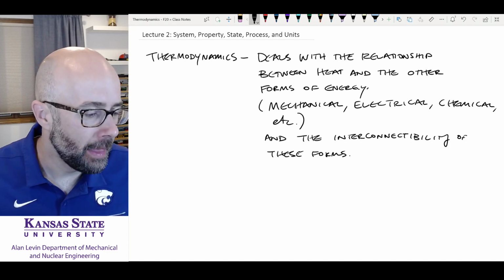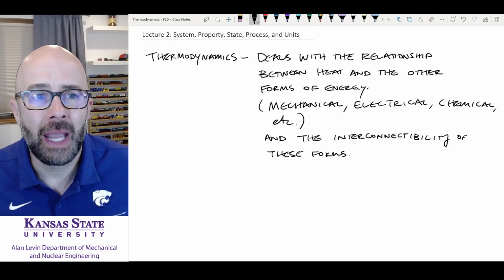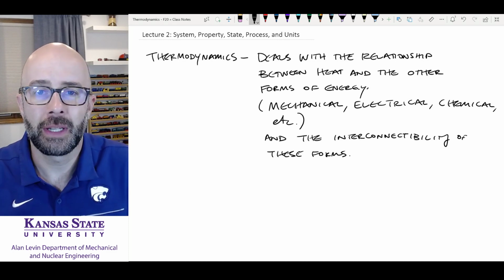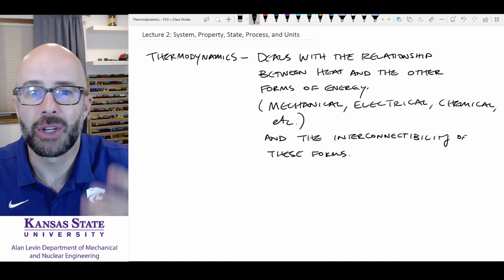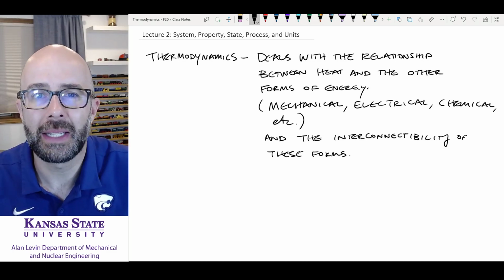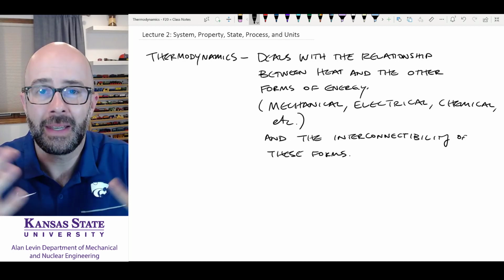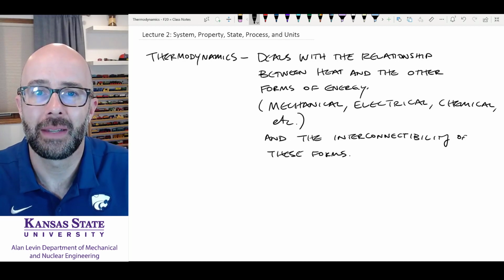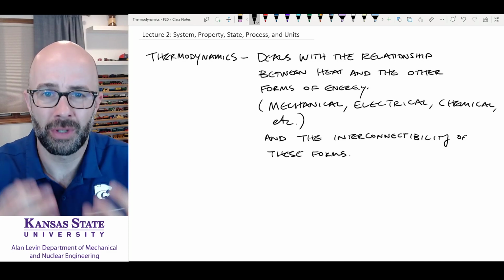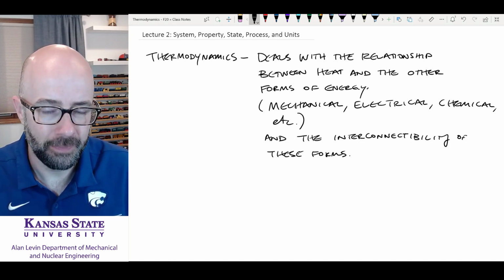It can be used in many different ways, it can be created in many different ways, it can be transferred in many different ways, but we're going to just try to understand that in thermodynamics. It's a relatively new idea from the 19th century. Researchers at the time began to see that hot bodies could produce some useful work, and that's where this idea came from.